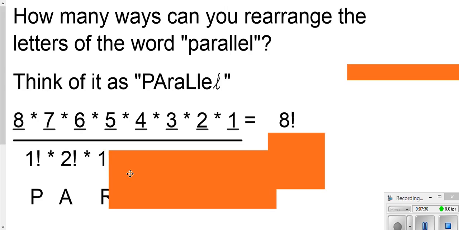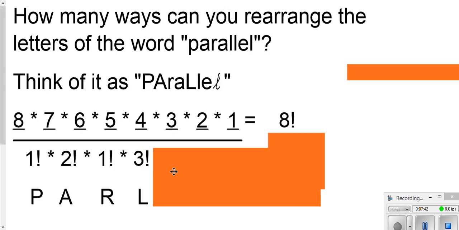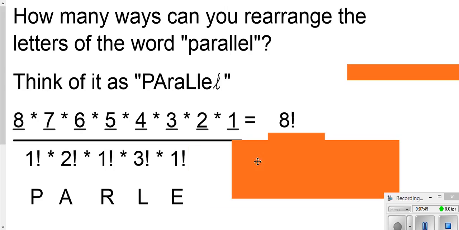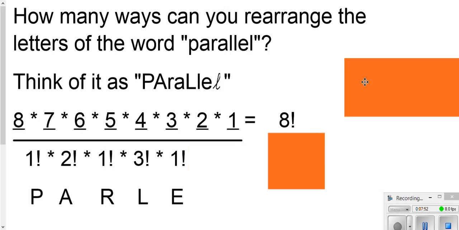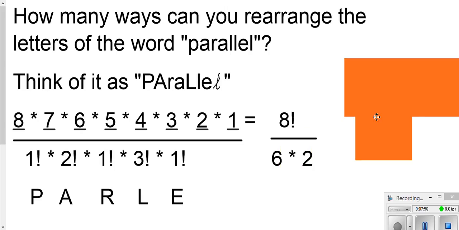The next unique letter is R, so we're going to divide by 1 factorial because it shows up once. And then we have L, and so we're going to put down 3 factorial because it shows up 3 times. And then we also have an E, so we're going to divide by 1 factorial. So the 1 factorials don't really change it. So it's really just a 6 from this, a 2 from this, so we're dividing by this here. Now I'm not going to go through the arithmetic and expand that any farther. You guys could if you needed to.